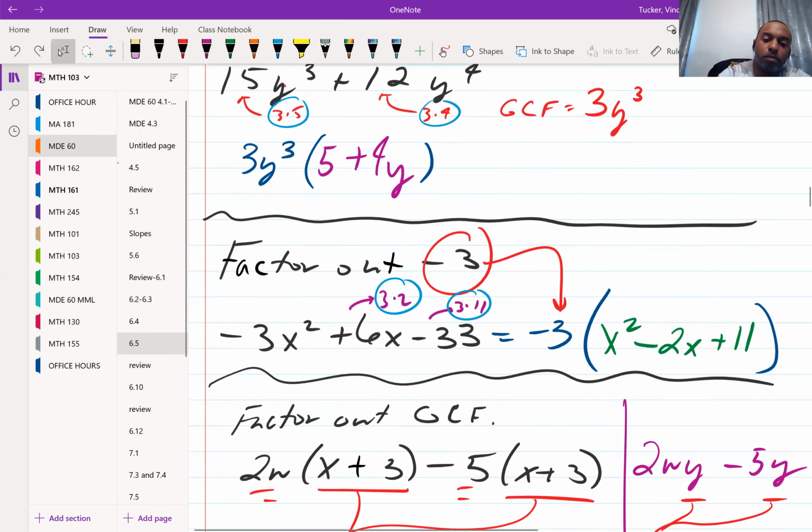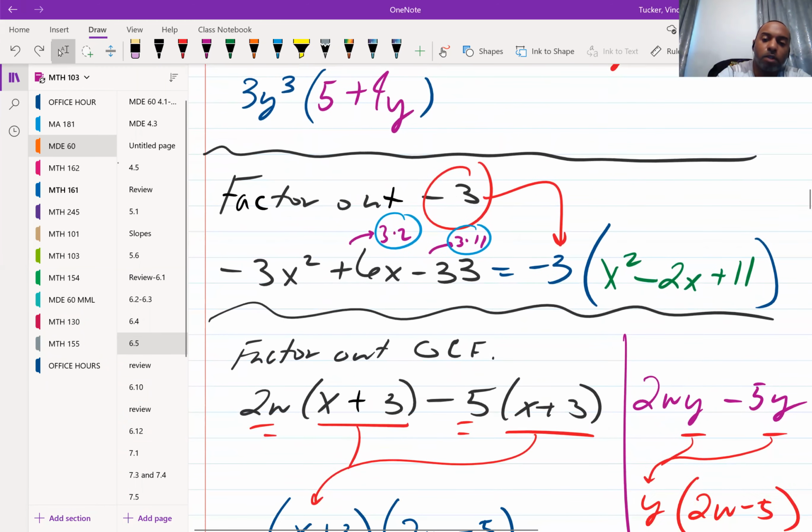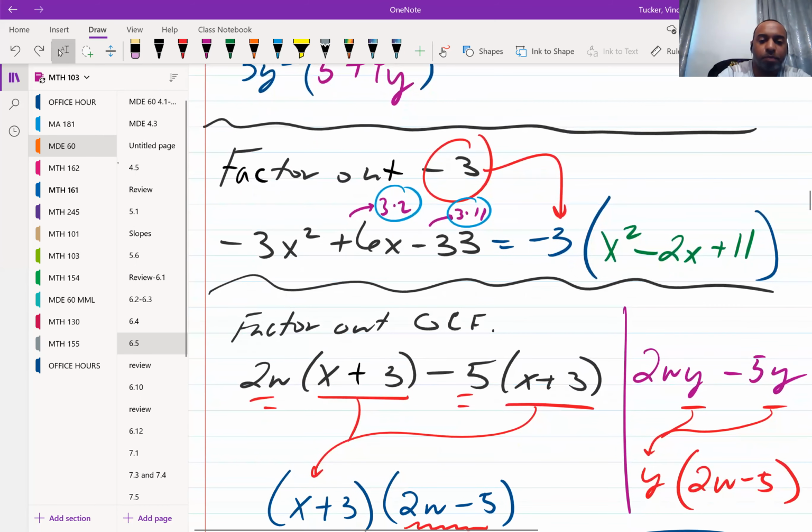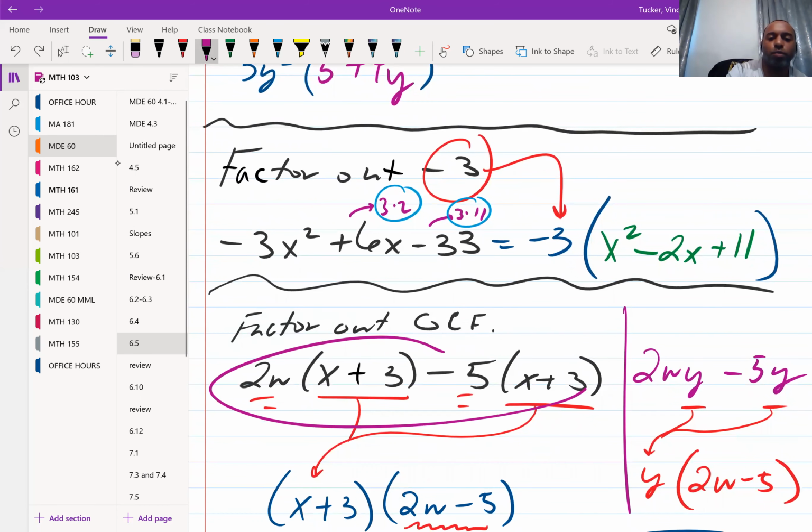All right. So the next one, the original problem is in black. So we have 2w times (x plus 3) minus 5 times (x plus 3). They want us to factor out the GCF.